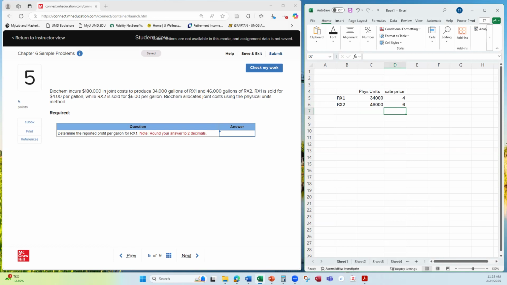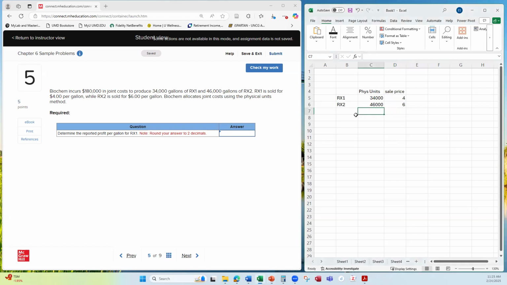Okay, so a couple different methods. We could assign things based on various methods. Just like we were looking at our support department costs, you pick which measurement you want to use in order to allocate things out. So the physical units method, basically you say, all right, how many units are we making and what are the costs that are incurred?